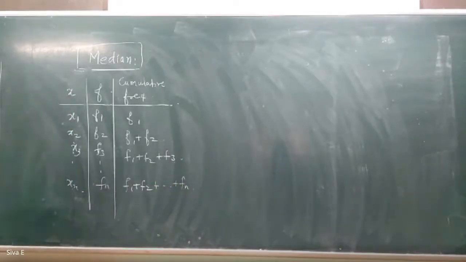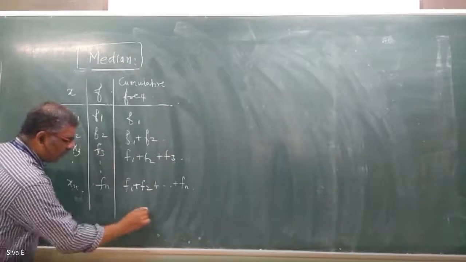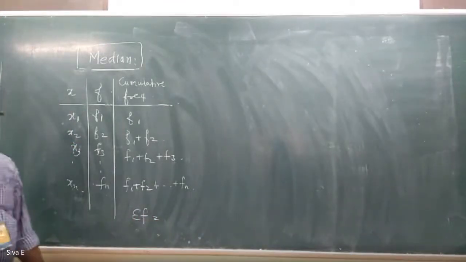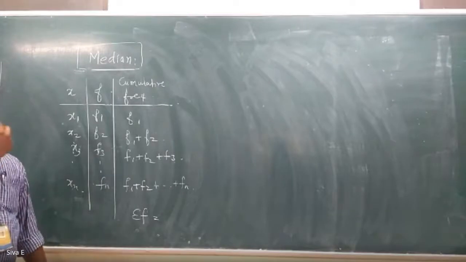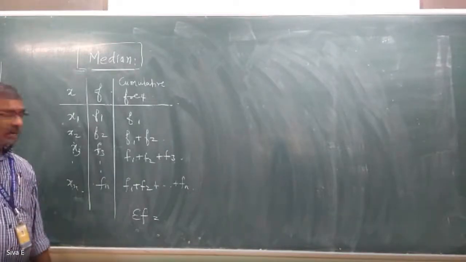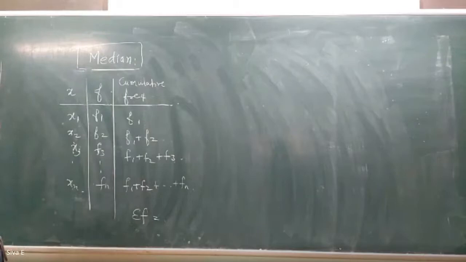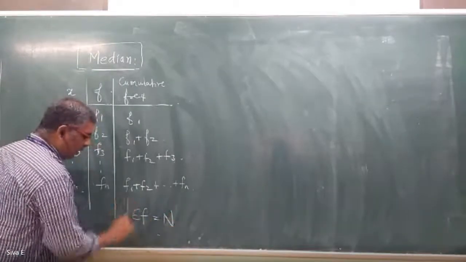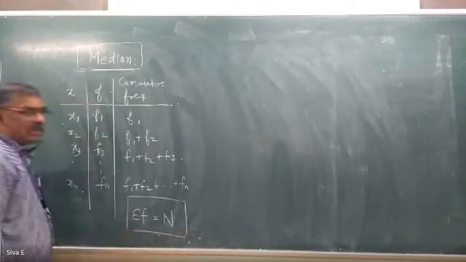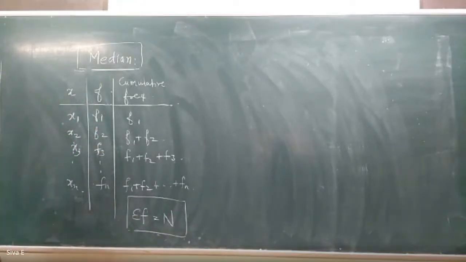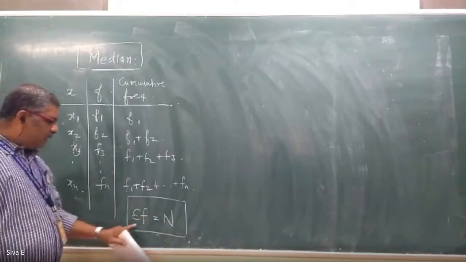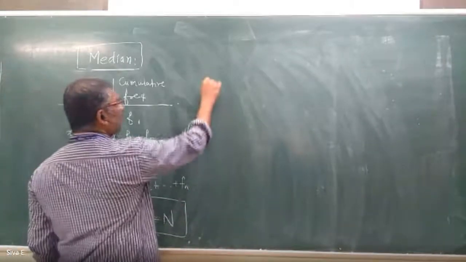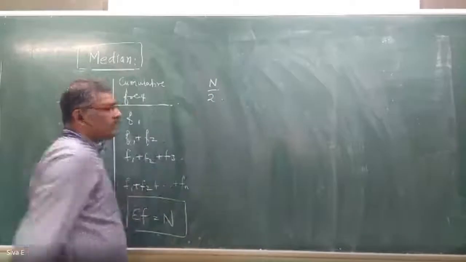Yesterday I told you one thing: what is summation of f? When calculating the arithmetic mean, I wrote summation of f. Capital N is the notation for summation of f. When you write summation of f equal to N, then we have to calculate N by 2.